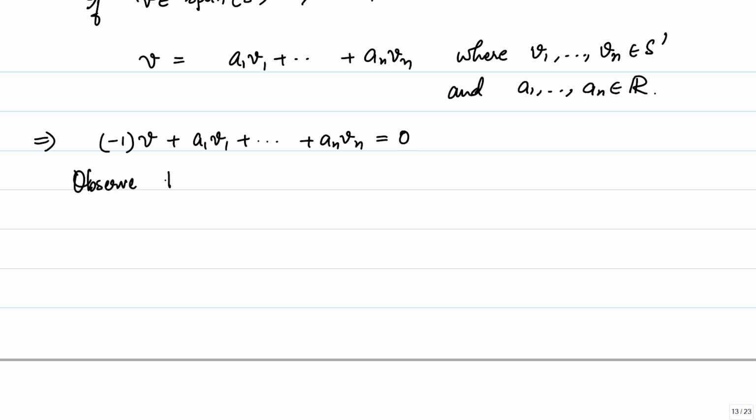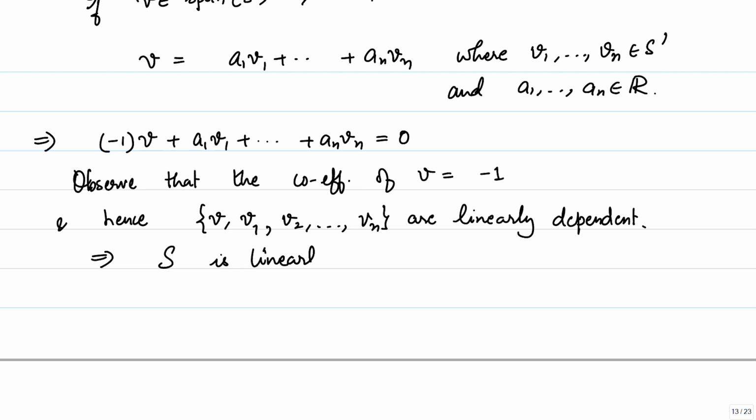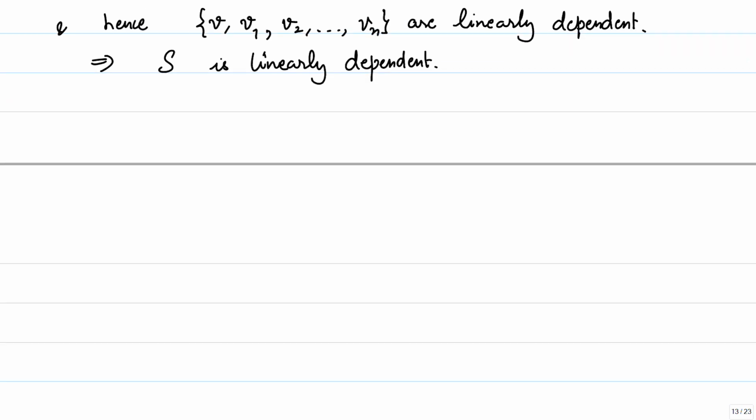Observe that the coefficient of V is equal to minus 1, and hence V, V1, V2 up to Vn are linearly dependent, which implies S is linearly dependent, because these are elements in S. But that is a contradiction, because by assumption our S is linearly independent.